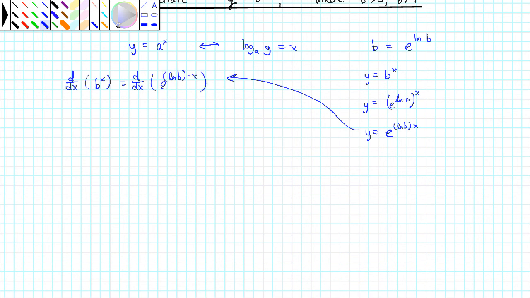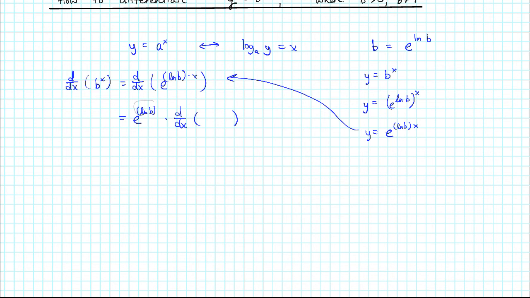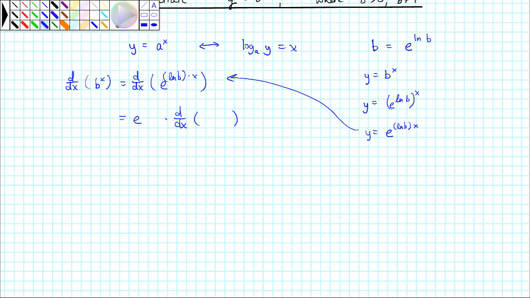Exponential base e is the outside function, so this is e to the something times the derivative of that something, where that something is ln of b times x.